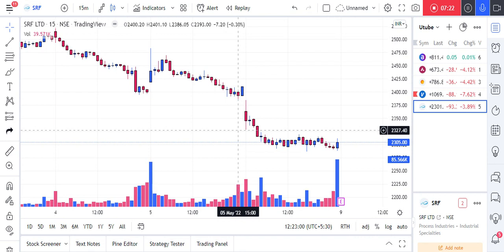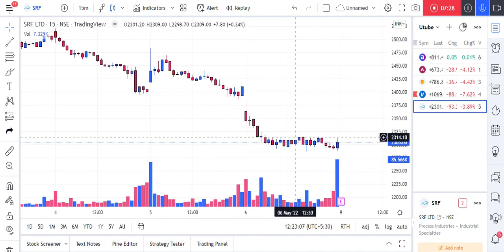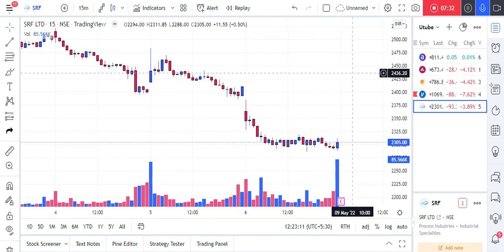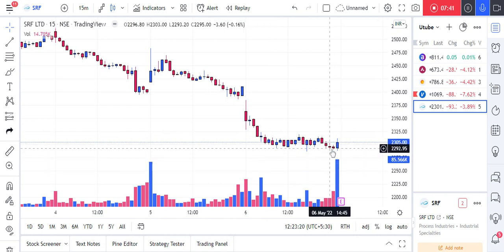See this, from the low, even though we didn't get a loss, we will be in small profit only. So in such cases, when the price is not falling much but also it is not moving up, you can close around 3.05 or 3.10. Before 3.15, close the trade. If you are fully trailing it, then you have to close the trade around 3.15.